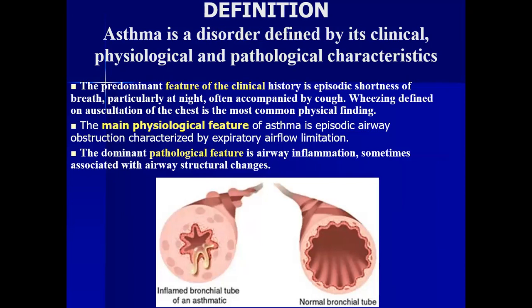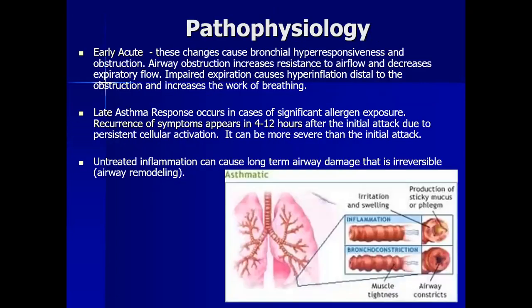The main physiological feature of asthma is episodic airway obstruction, which is characterized by airflow limitation. The dominant pathological feature is airway inflammation, sometimes associated with airway structural change. Here we see a normal and inflamed bronchial tube, and asthmatic and normal bronchi.